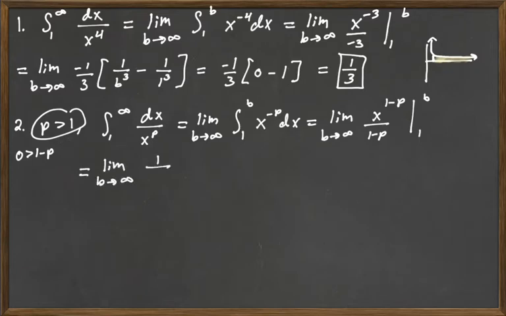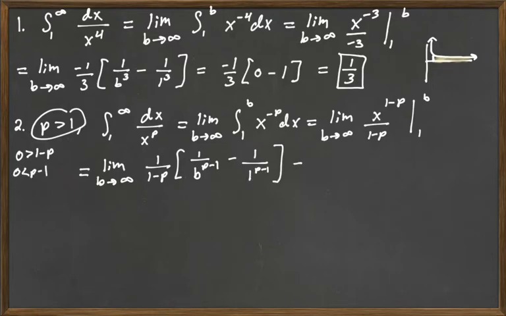The limit as b goes to infinity, we factor out 1 over 1 minus p, and then we move the x to the 1 minus p, which is a negative exponent, to the denominator, which would be x to the p minus 1. We'll evaluate it also, minus 1 over 1 to the p minus 1. And p minus 1 is going to be greater than 0.